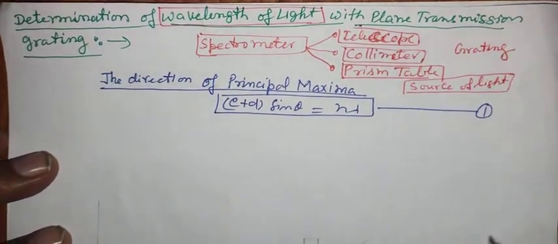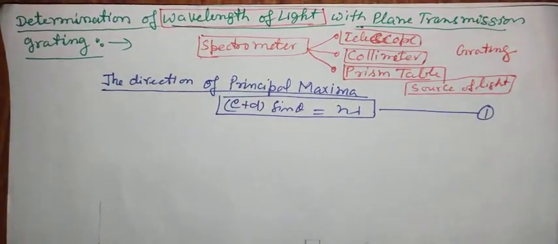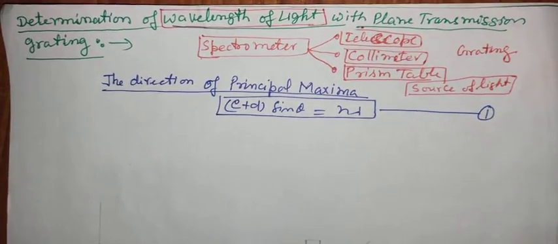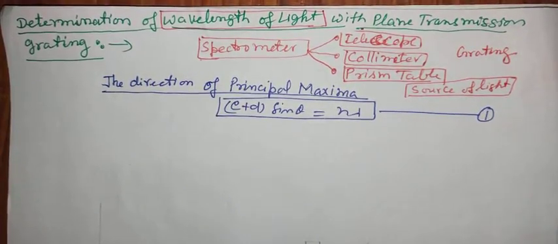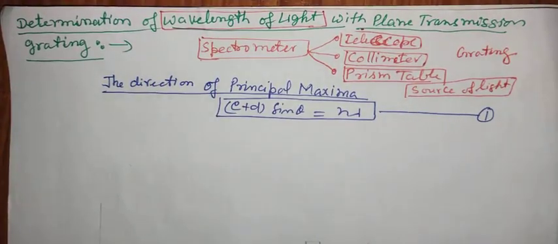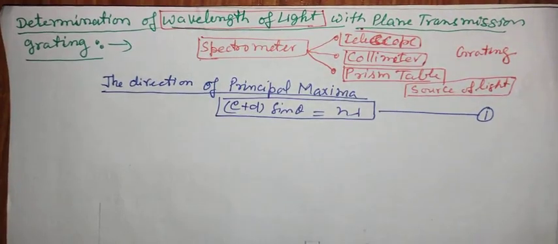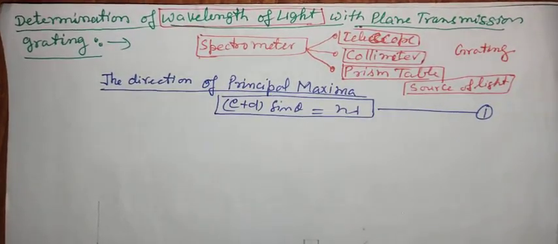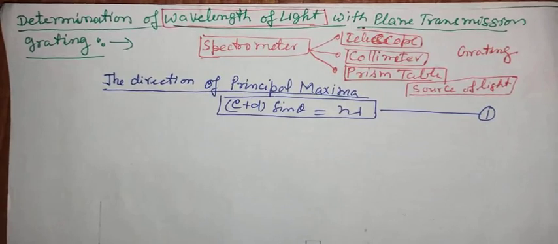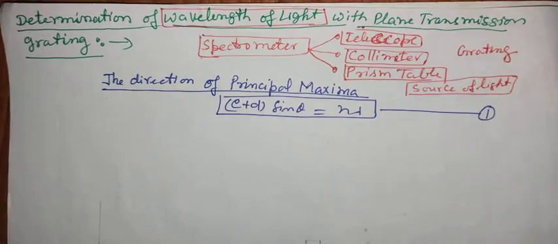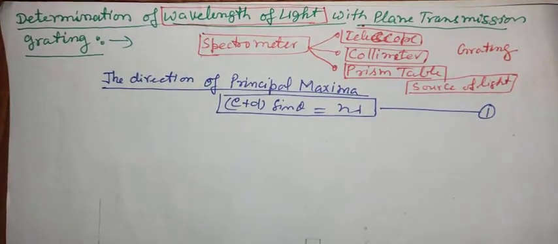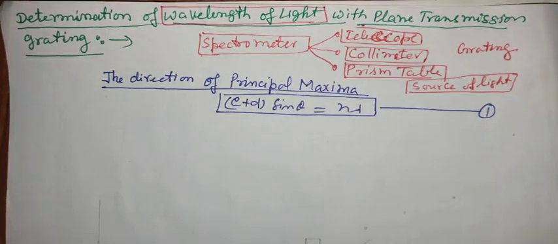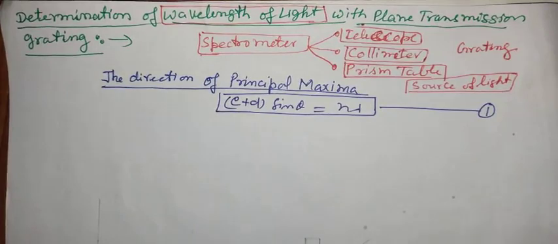We can select a source whose wavelength we are determining. When we use white light with the plane transmission grating, three color bands are formed, so their wavelengths can be determined. We can also use a sodium lamp to determine the wavelength of sodium light. So according to the objective, the source of light is chosen.